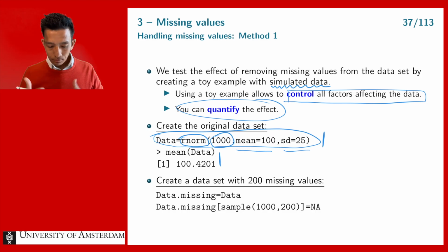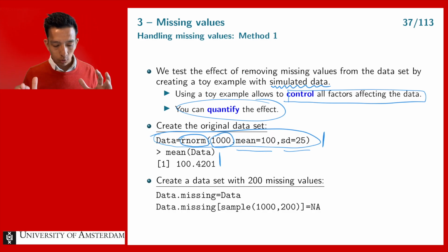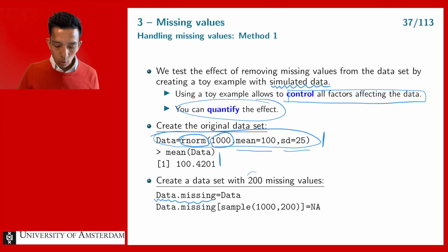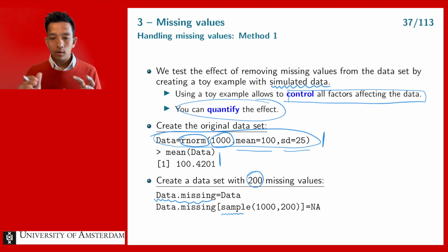Okay, we continue, and what we do is we start with the data set data, but we want to transform it into a data set, which I call data.missing, which now contains 200 missing values. So I use for this the function sample, which randomly takes 200 numbers from 1 until 1000.